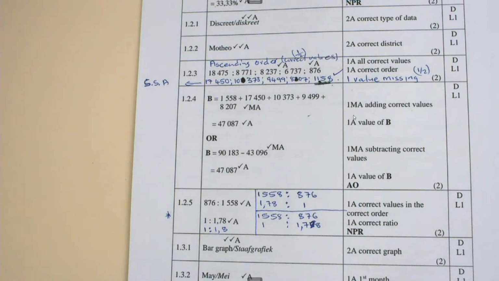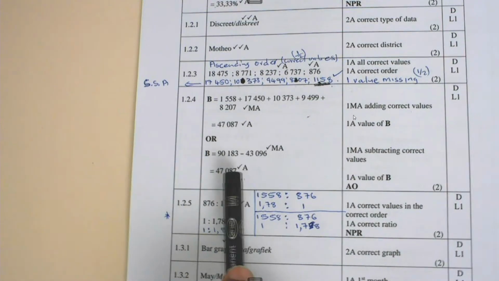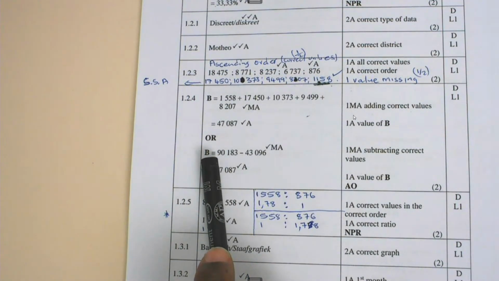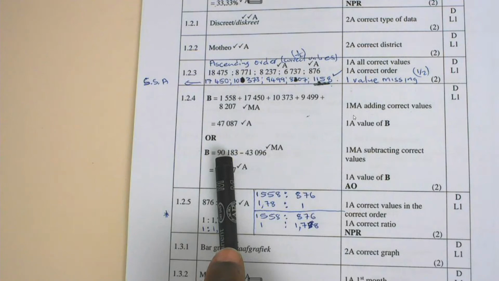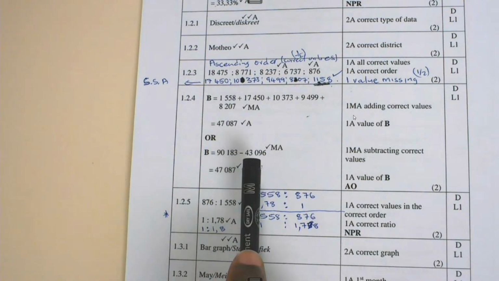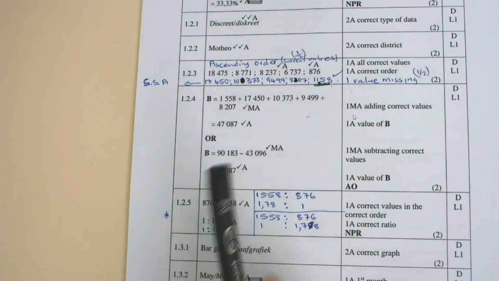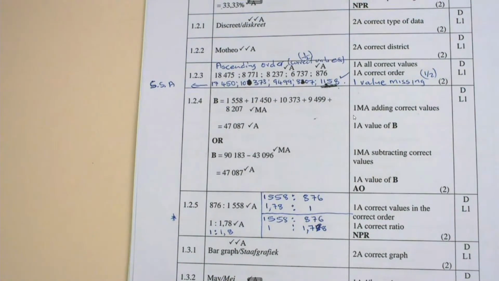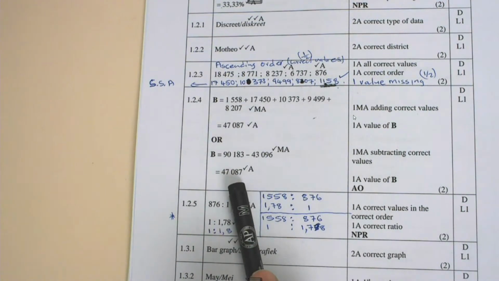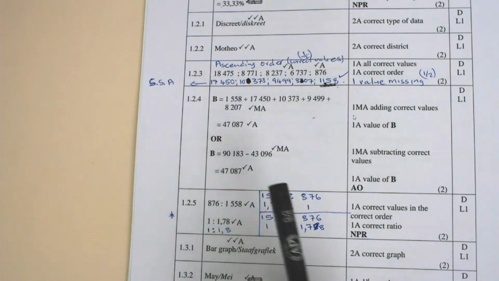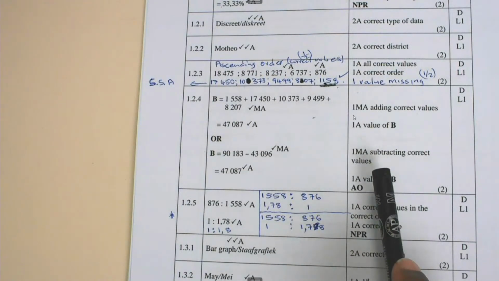And then option number 2 says B equals 90,183 subtract 43,096, and then the answer will be 47,087. Then let's look at the mark allocation.